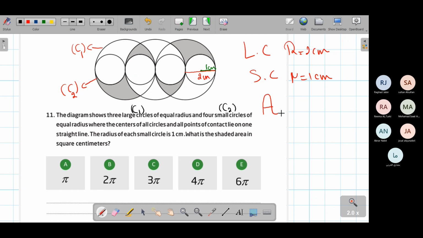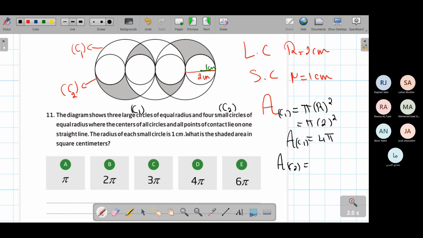What's the area of C1? 4 pi. It's pi r squared, so pi times 2 squared, so it's 4 pi. This is the area of C1. Now the area of C2.